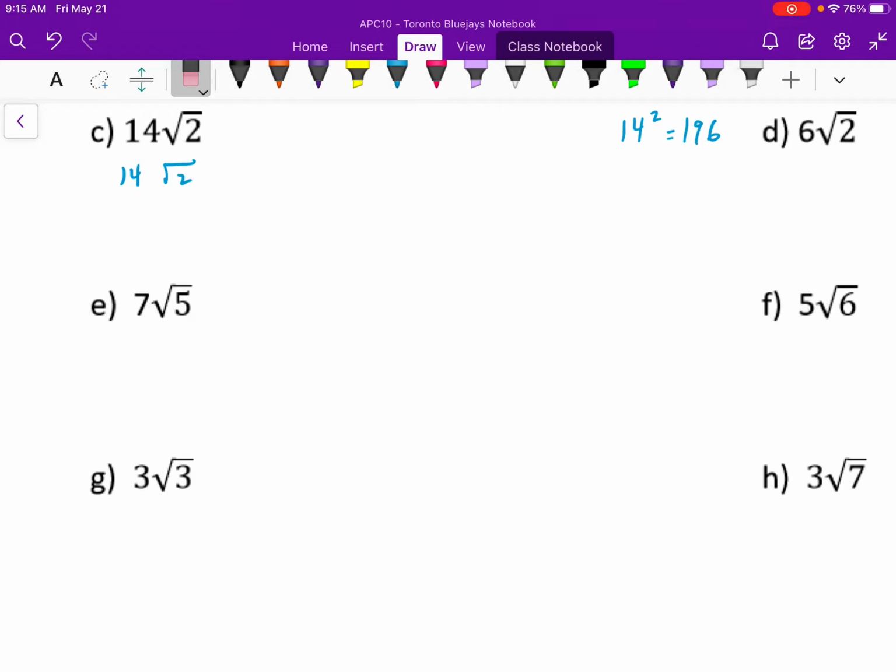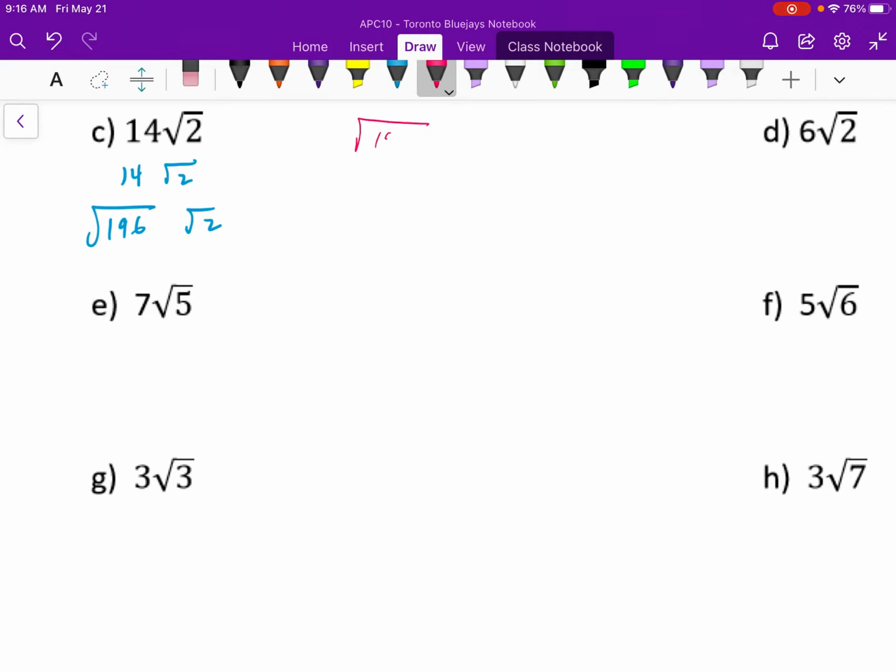Now, if I know that 14 squared is 196, this implies that the square root of 196 is equal to 14.